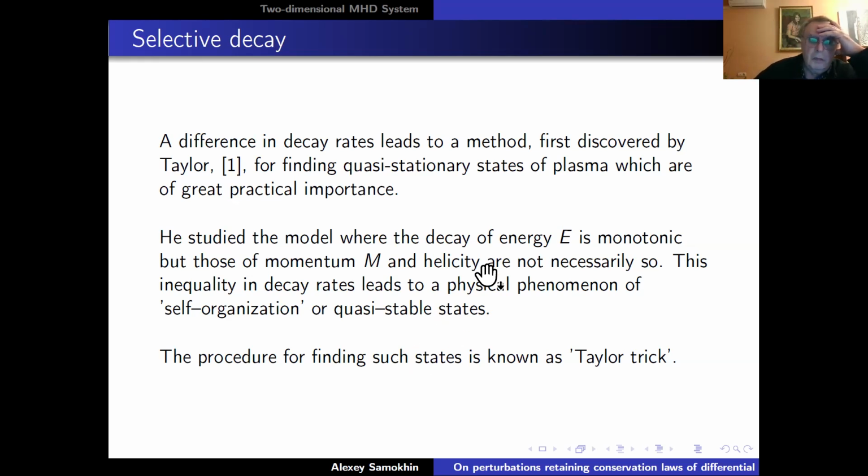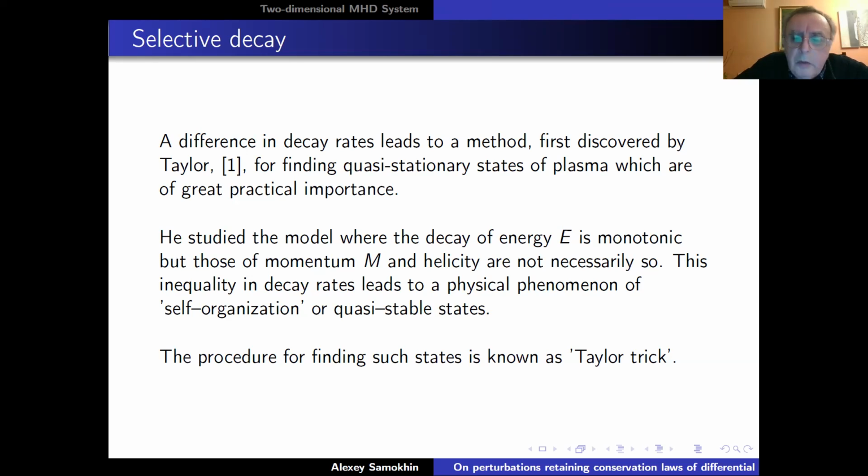The first method used in this direction was invented by Taylor when he was studying the quasi-stationary state of plasma in a tokamak.